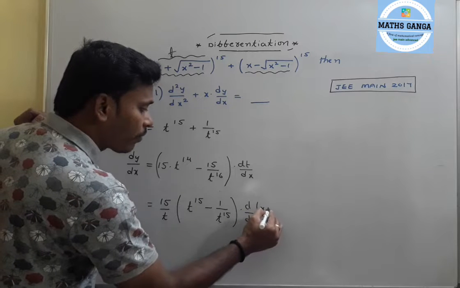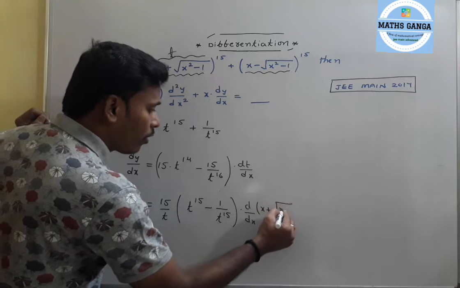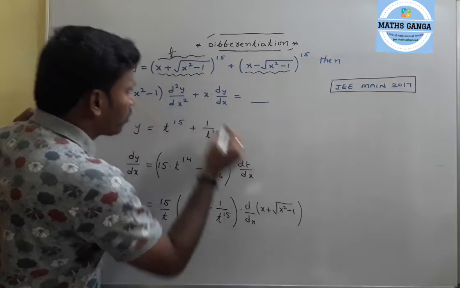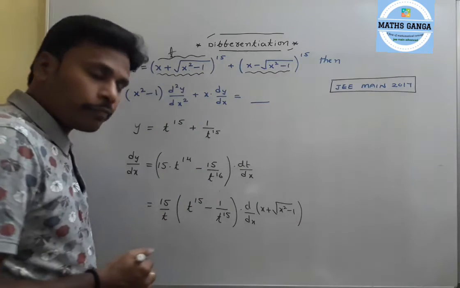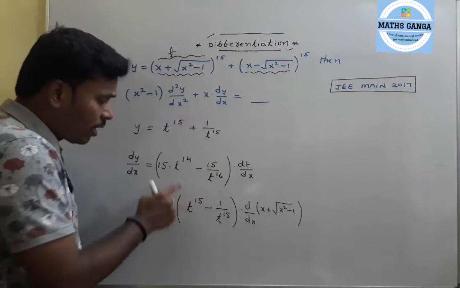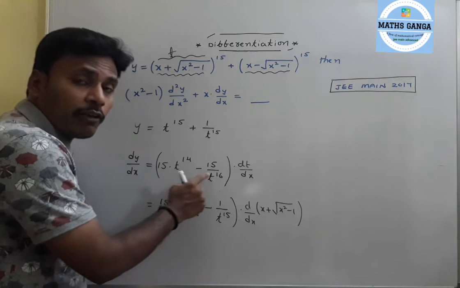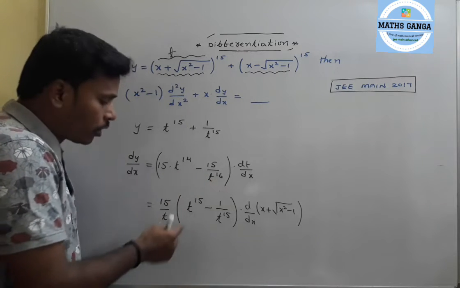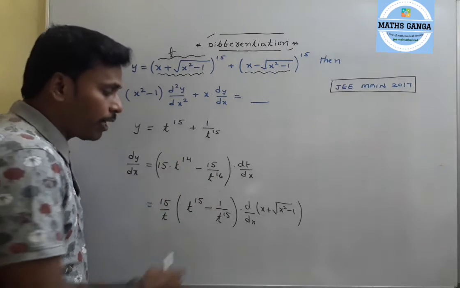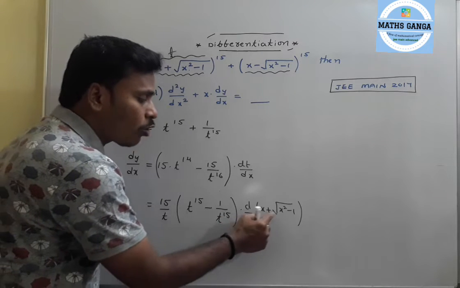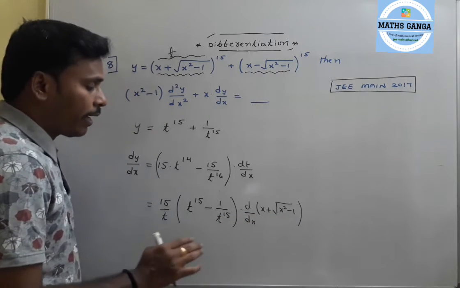What is t here? It is x plus root of x square minus 1. So it becomes 15 by t into t power 15 minus 1 by t power 15 into d by dx of x plus root of x square minus 1.